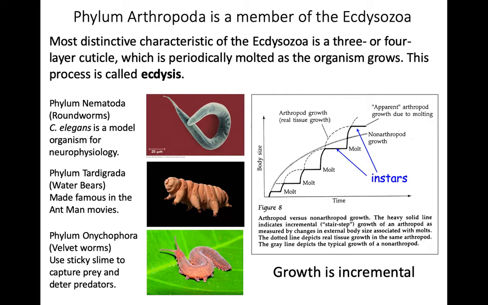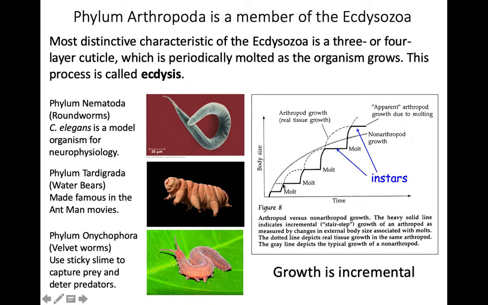Okay, so the exoskeleton is comprised of a 3 or 4 layer cuticle, and this is shed off as the organism grows, and therefore growth is incremental in arthropods and in the Ecdysozoa in general. So growth is in a stepwise manner because of this hard exoskeleton.